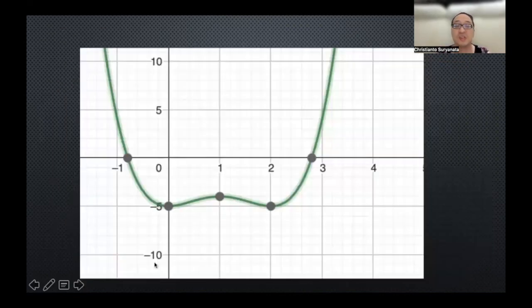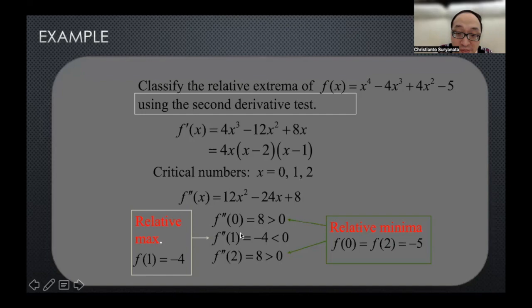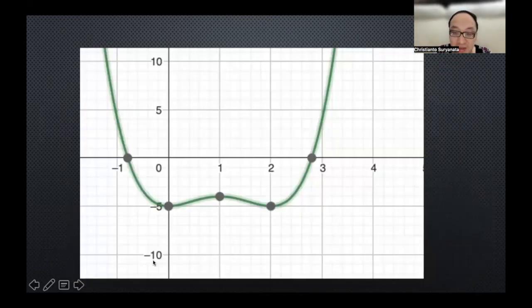If we draw using Desmos, we will see that these are the 3 stationary points, x equals 0, 1, and 2. It is maximum at x equals 1. See, this is a maximum turning point when x equals 1.